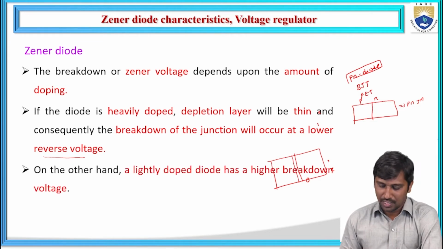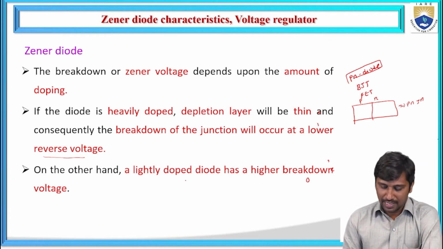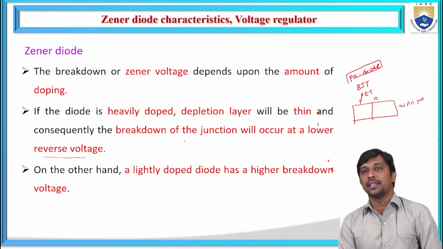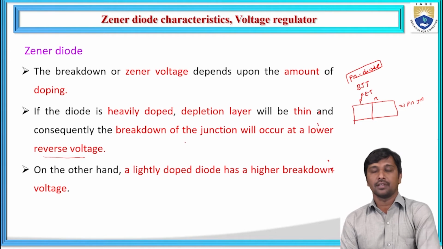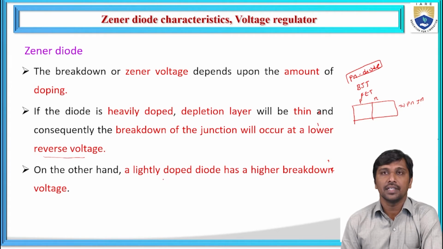One more point to observe in this case: a lightly doped diode has a higher breakdown voltage. Why? If the doping concentration is more, the depletion layer becomes very thin, hence it requires a very small reverse voltage to break down the condition. Similarly, if the doping is very small, that is the reason it is called a lightly doped material.